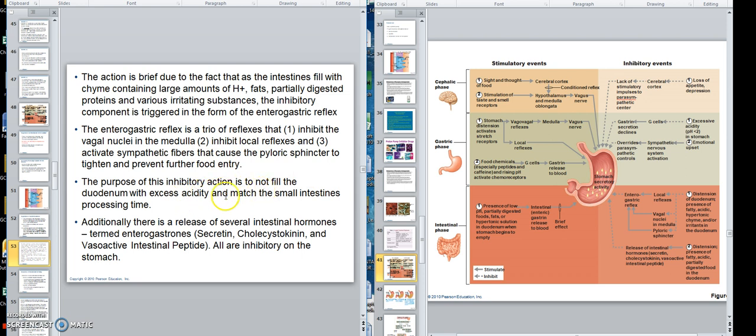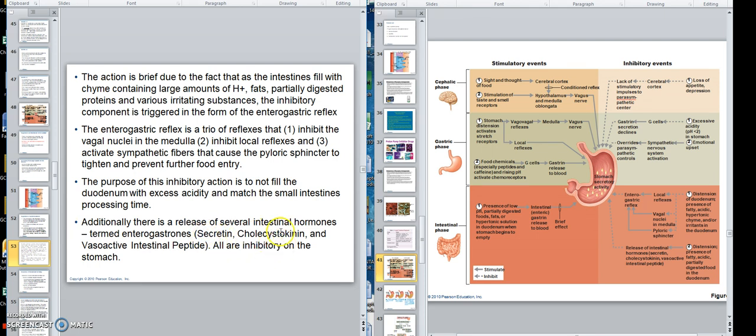The purpose of this is not to fill the duodenum with excess acidity and to match the small intestine's capacity. Remember, it's much smaller. Additionally, there's a release of several intestinal hormones called the enterogastrones: secretin, cholecystokinin, and VIP, vasoactive intestinal peptide, all are inhibitory. So see, you've got a lot of inhibitory. You've got these hormones which are being secreted.